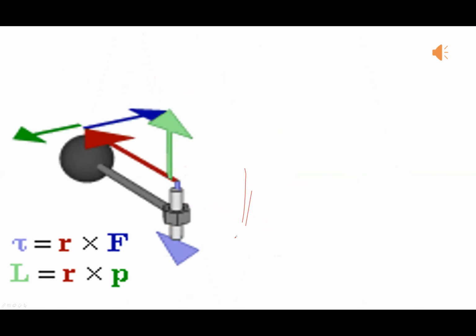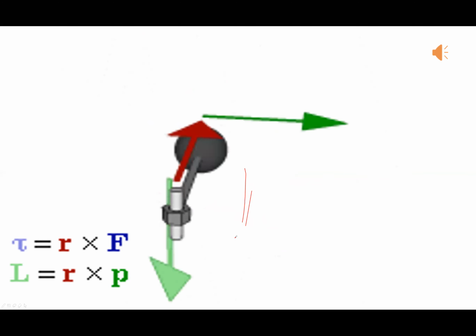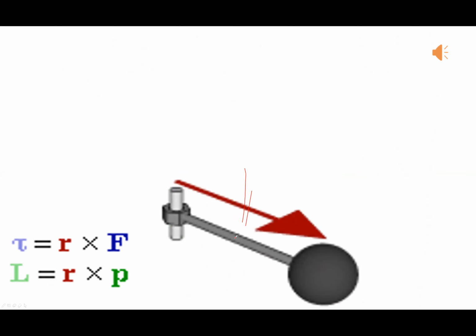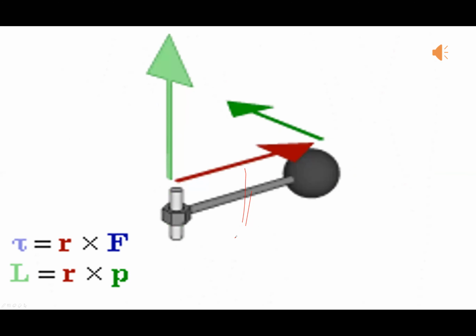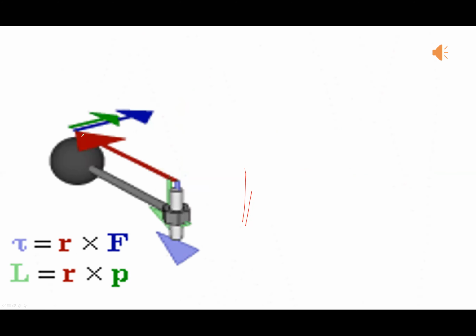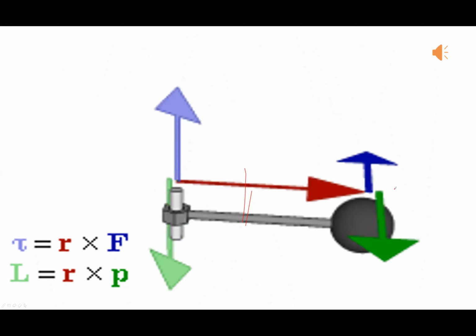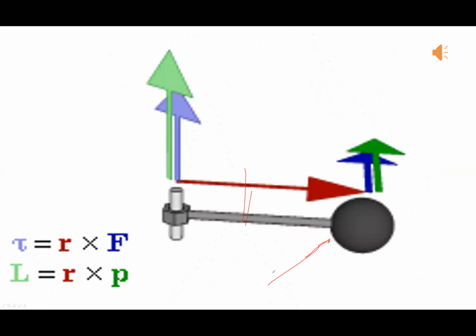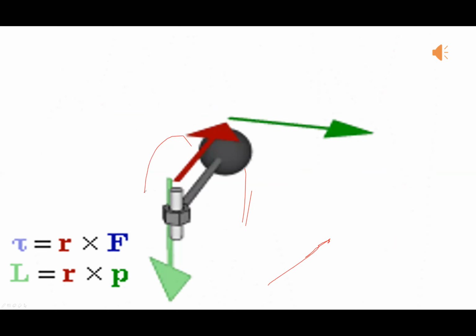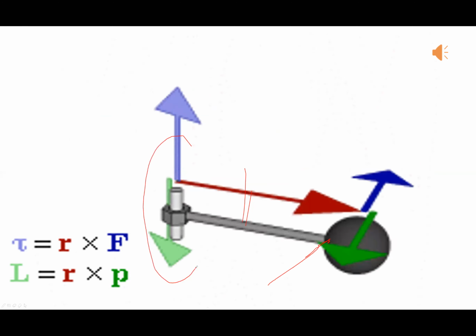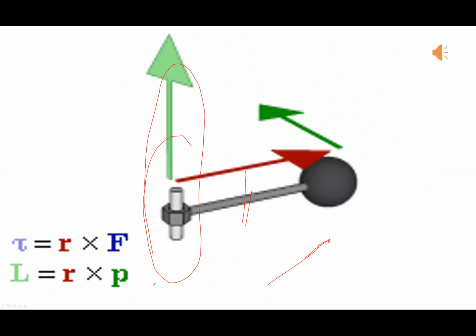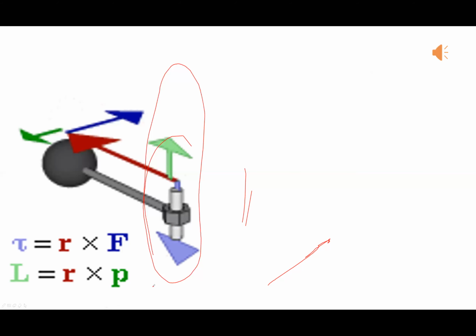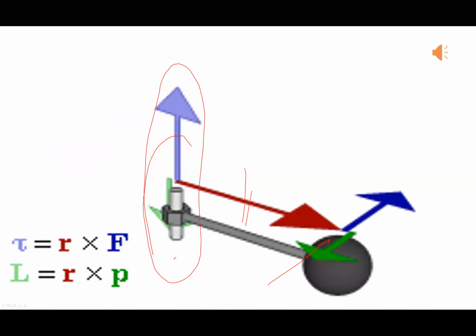Keep the fingers in the direction of the moment arm. This green line represents the direction of force. This one represents the direction of torque, green or purple color.